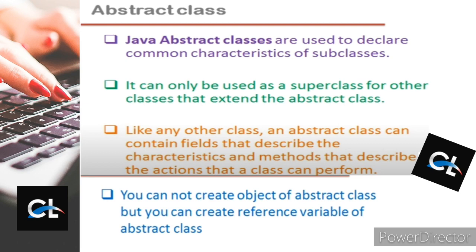If we put abstract keyword before any class, it's considered as an abstract class. Under abstract class, if we declare a variable, if we declare a method, we can declare, but we cannot define the method.